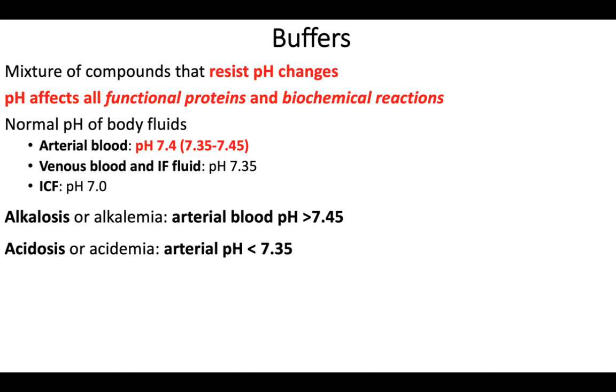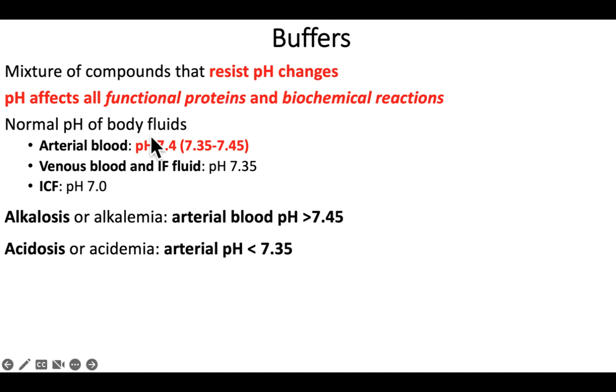And if we change the pH, these proteins might not function properly, and that might affect biochemical reactions. The most important pH range to know is our arterial blood, because that's the blood that's being distributed throughout organs, delivering oxygenated, nutrient-rich blood, and maintaining the pH of our cells.